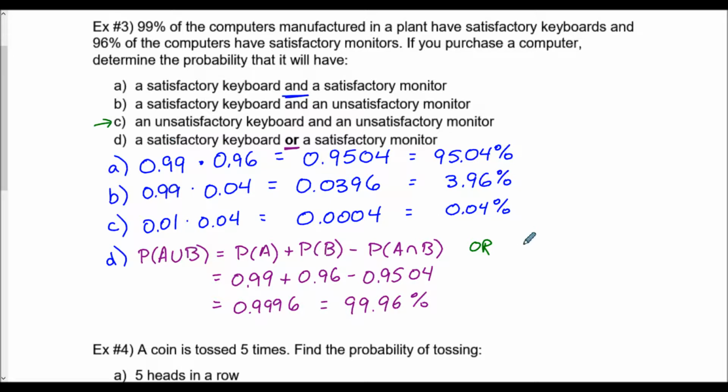If we took a full 100% and subtracted off 0.04, we'd still get 0.9996, which is the 99.96%.